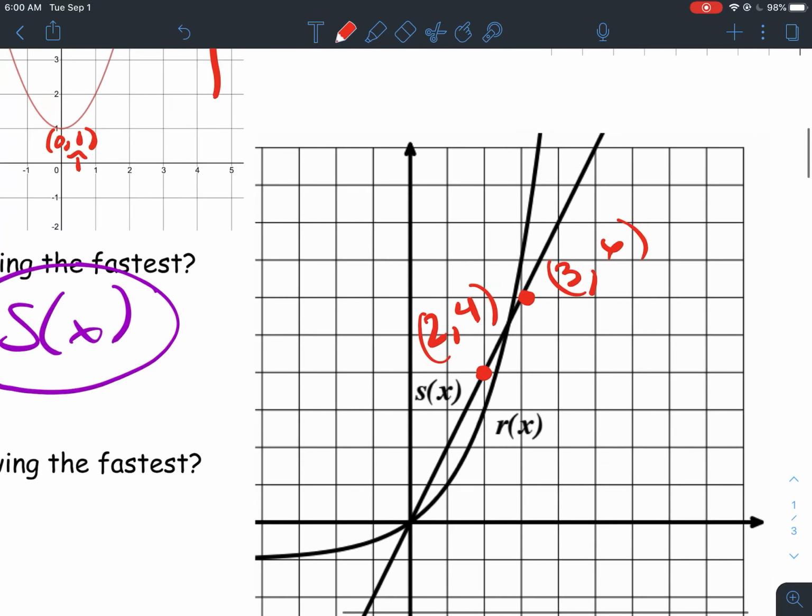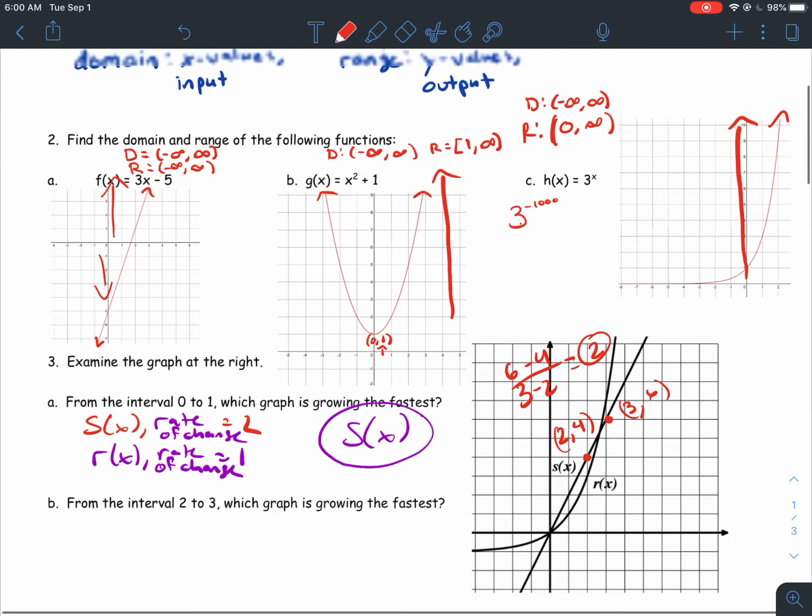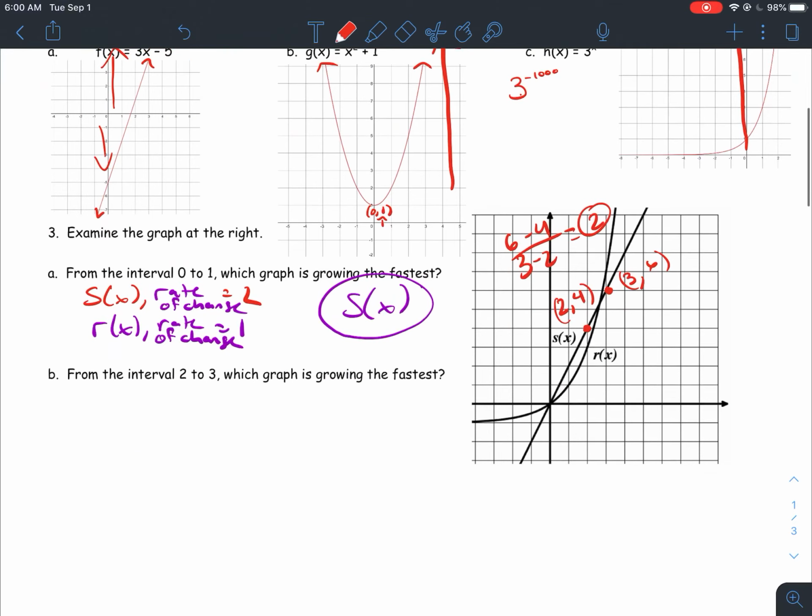So we'll calculate that rate of change using the slope formula. So we get 6 minus 4 over 3 minus 2. We end up with a slope of 2, which makes sense because s of x is a linear function, which means it has a constant rate of change, which is the slope.